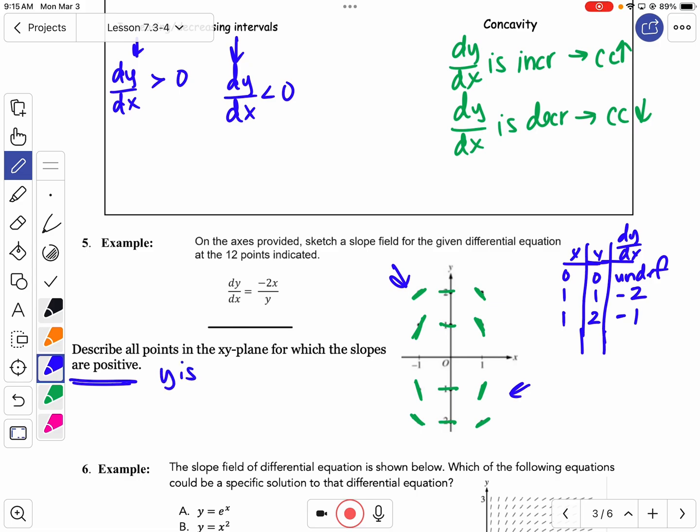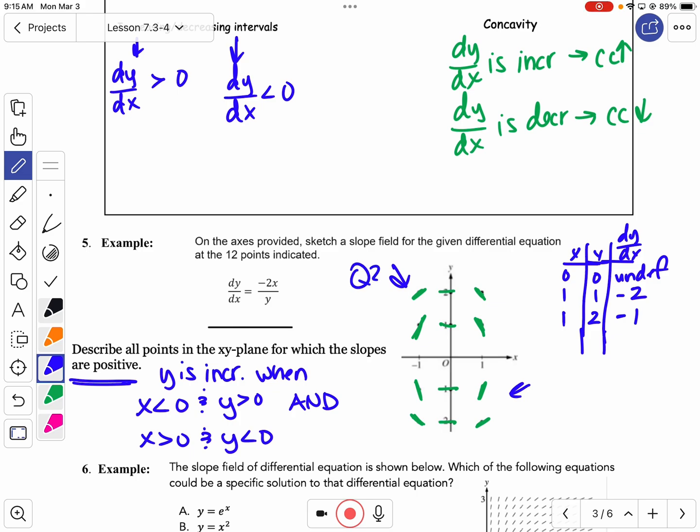So y is increasing when, in the second quadrant, x is less than 0 and y is greater than 0, and when x is greater than 0 and y is less than 0. So we're just describing what's happening. Where do we have positive slope? It's happening in Q2 and Q4.